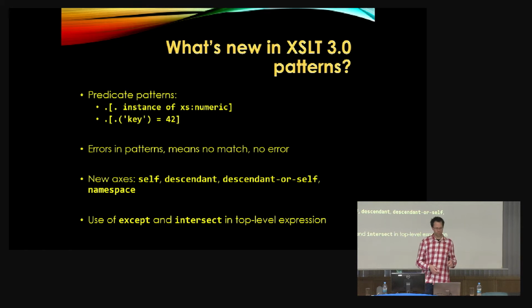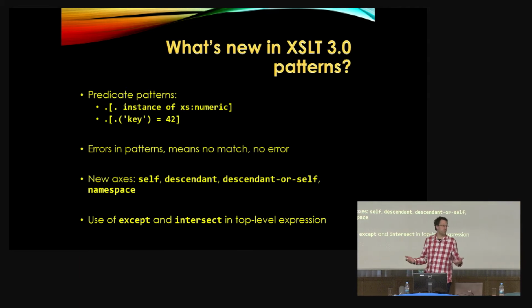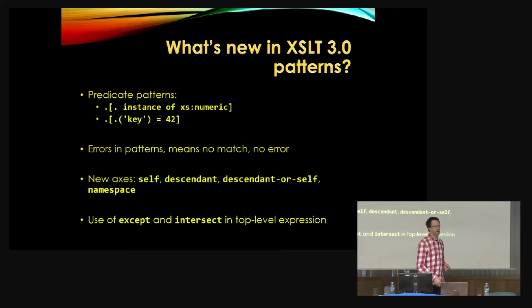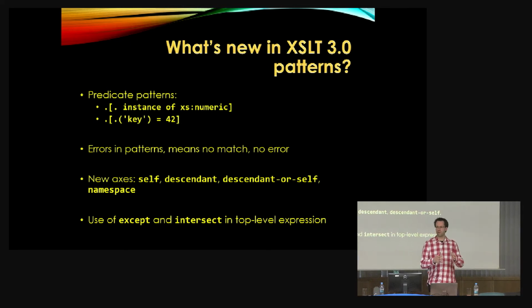Now in XSLT3 that's gone, and you can now also use the descendant access, descendant or self access. We can even use the namespace access, the self access, and we will see in a short while how that can be useful. But specifically the descendant access, of course, allows you to count over the whole descendant access instead of only the child access that you could do in 2.0.